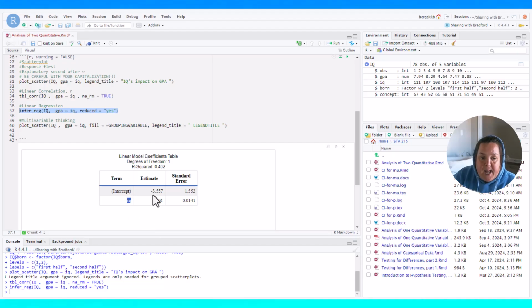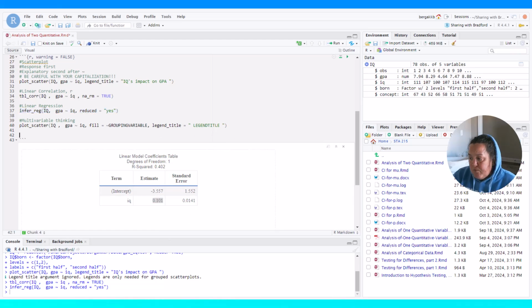So when you write this out, it would be y hat equals negative 3.557 plus, because this is positive, plus 0.101x. That's how you would write that regression equation. So you read it from the estimate column, and then intercept has the y-intercept next to it, and then the x variable has the slope next to it.